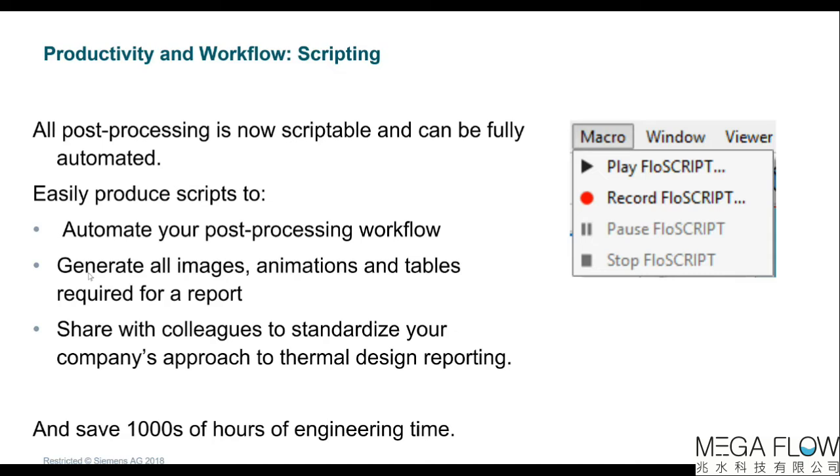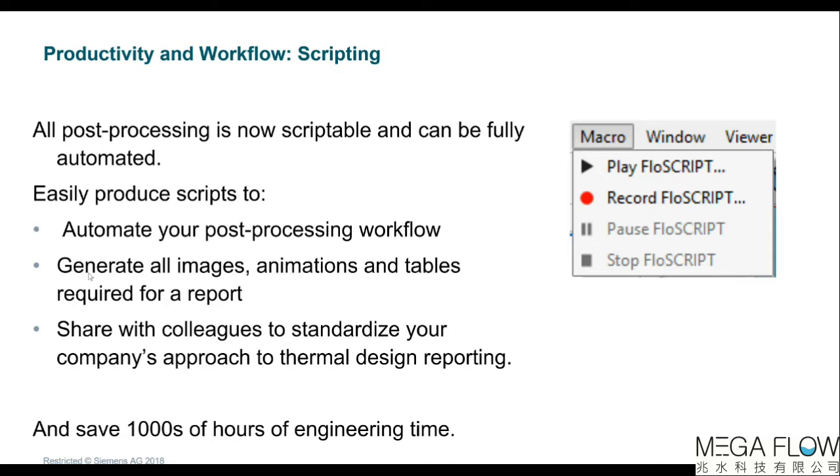So with the extensions to post-processing in 2019.2, all of the post-processing features that you've seen today are now scriptable and can be fully automated. So FlowScript commands are available to create plane plots, to create particle animations, to create a table and export tables. Everything you've seen has a FlowScript equivalent.